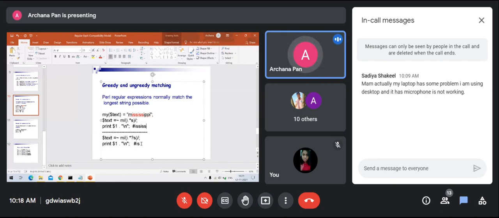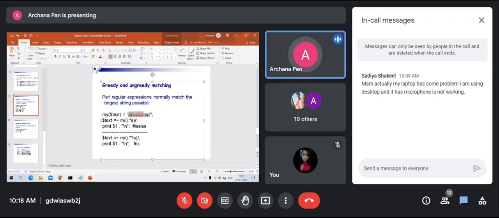And this one, the least one: I followed by zero or more of any character and S. You are using two multipliers together. This is the ungreedy nature of PERL, so you will get the least one.